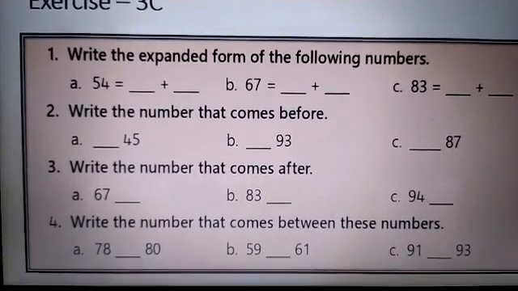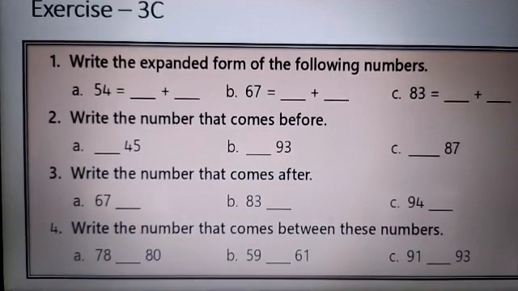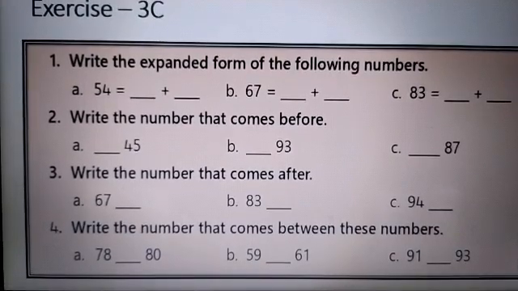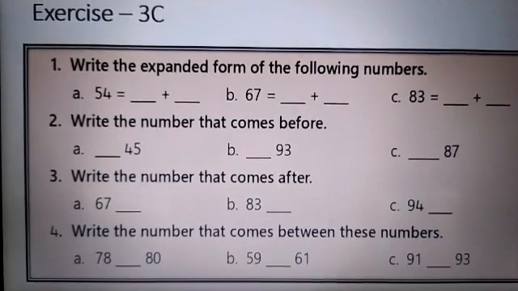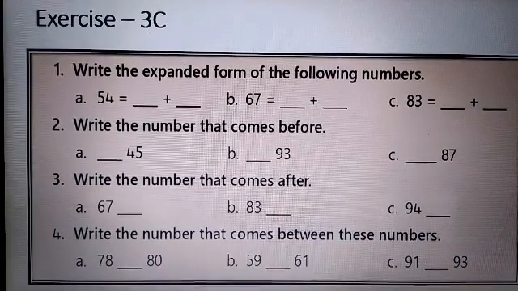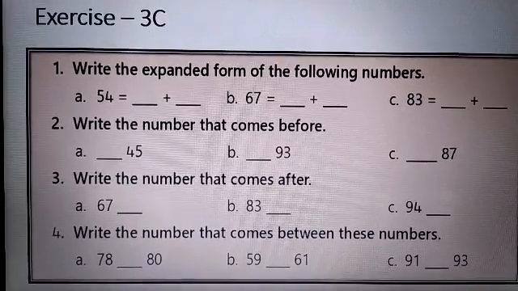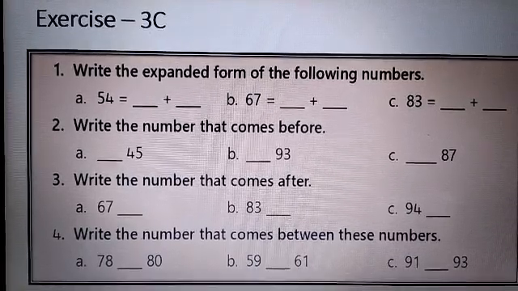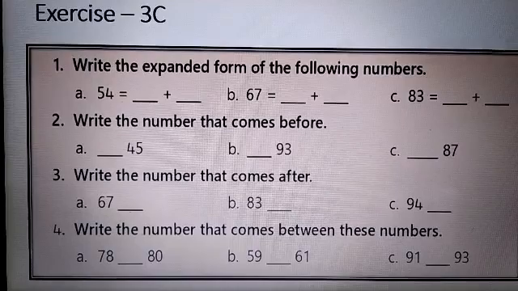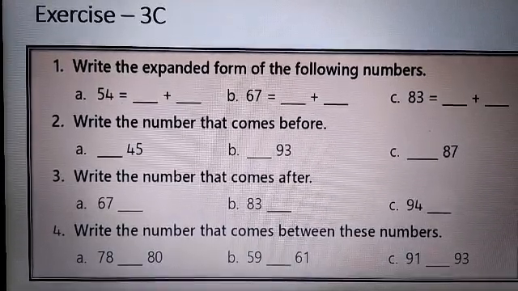What will come between these two numbers? 59, 60, 61. Very good. Third one, 91 and 93. Now which number will come between 91 and 93? Correct. It's 92. So kids, you have done very well with all these questions.